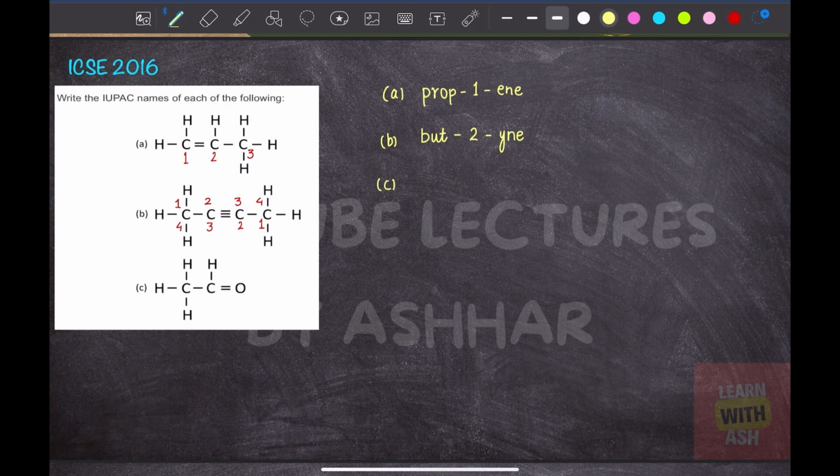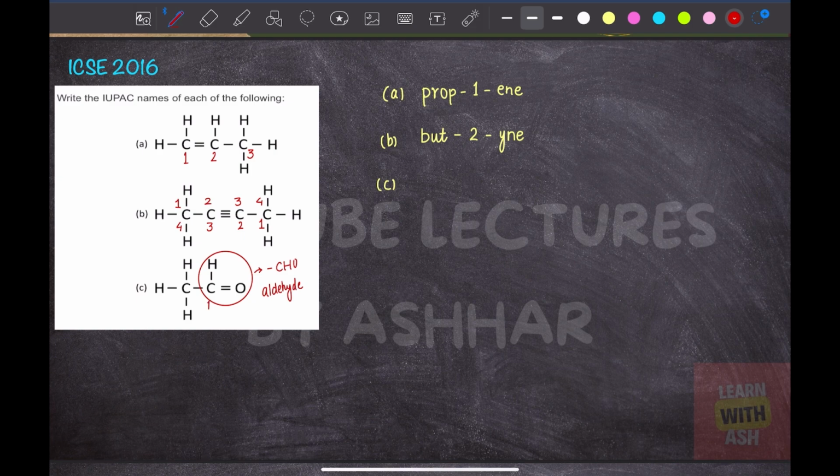Moving on with the third one. As we can see over here, this particular part resembles a functional group. Which functional group? This is CHO, known as aldehyde. For that, my first preference will be counting the carbon which includes the functional group aldehyde.